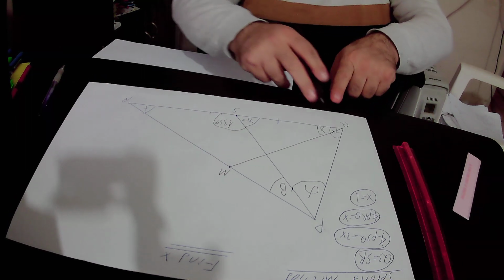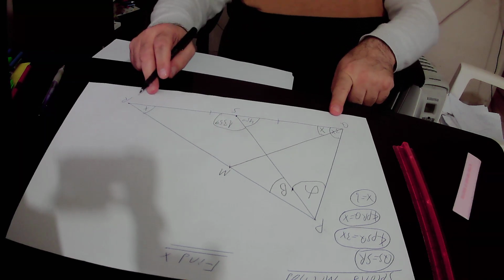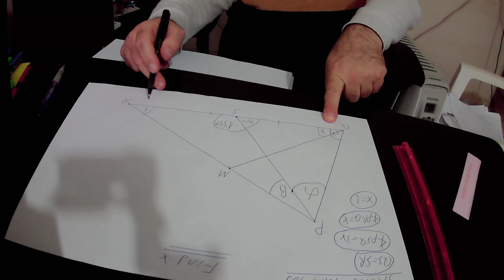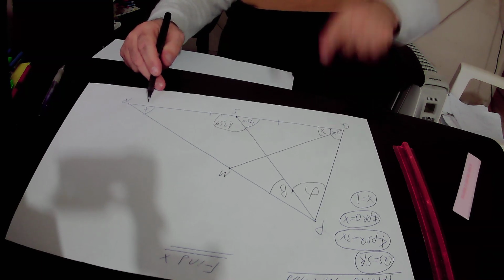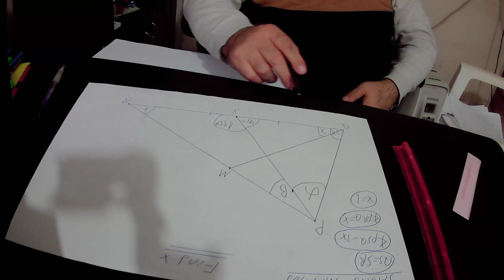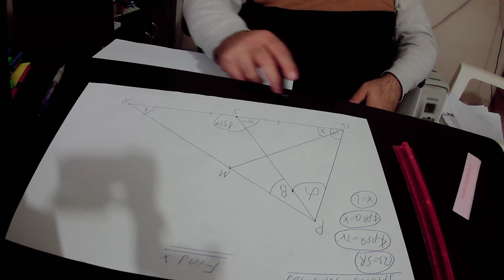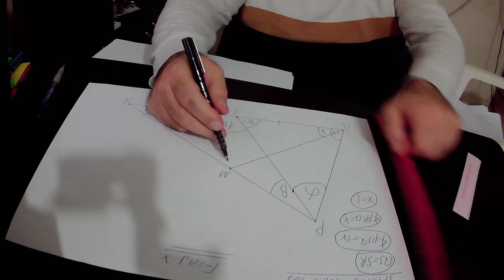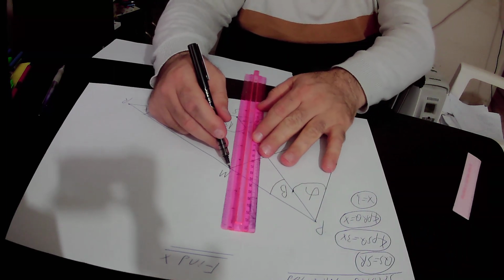Triangle QMR is an isosceles triangle because it has two angles that are equal to each other. They are both equal to x degrees. And the base of the isosceles triangle QMR is QR. We will join points M and S together by a straight line.